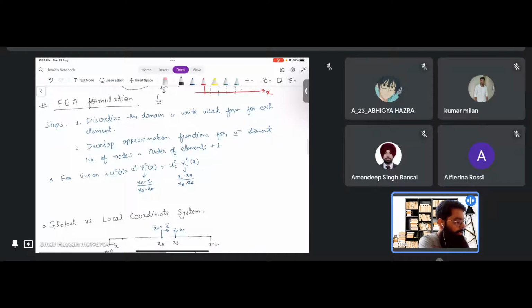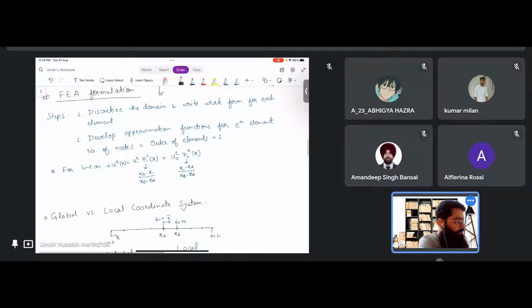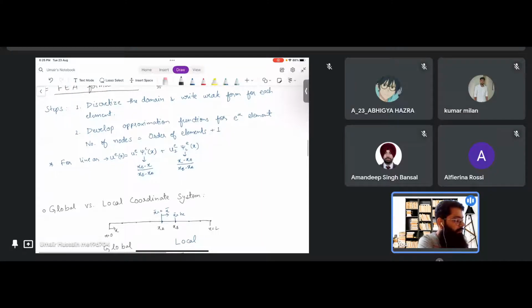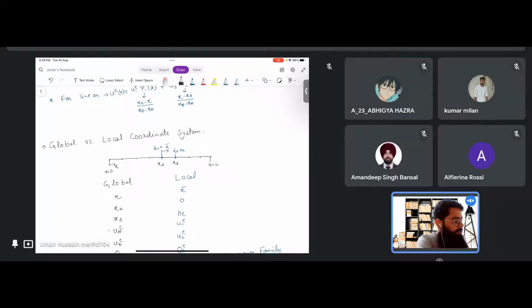The next thing is we develop the shape functions, the approximation functions, for each element. In class we have seen how we do it for a linear function. Another thing is that we define a separate coordinate system for each element.